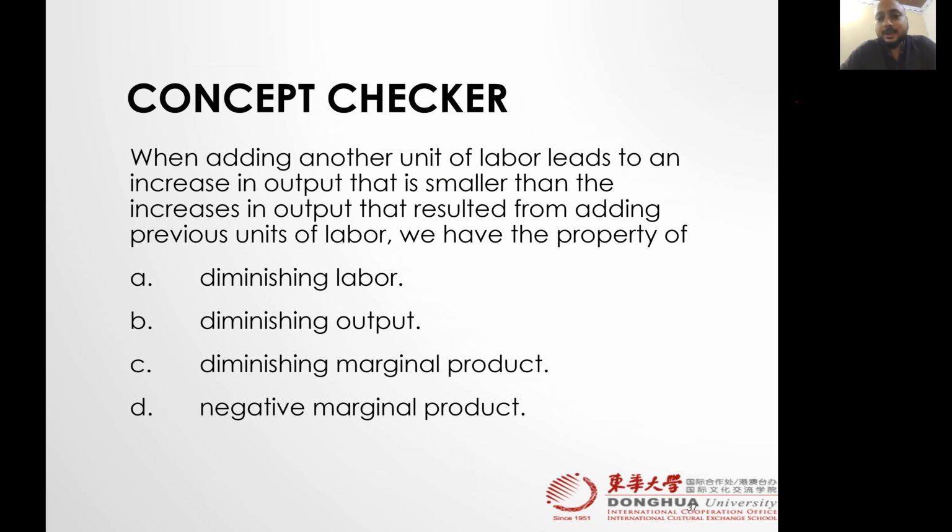So if you understand this, please answer this in 2 seconds because we just discussed that. When adding another unit of labor leads to an increase in product that is smaller than the increase in output that resulted from adding the previous unit of labor, we have the property we call... what is the answer here?